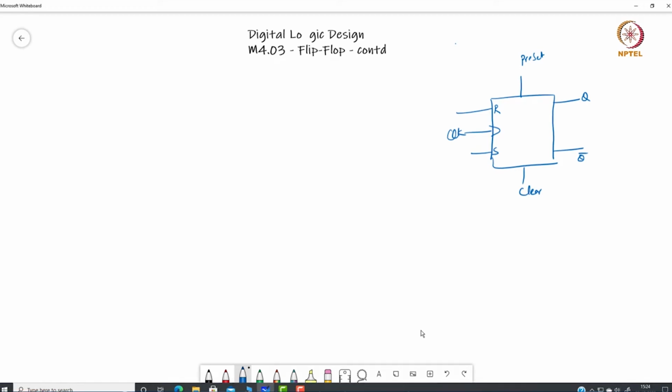That's why preset and reset are usually asynchronous inputs, and whenever they are given, their value is effective. In another way, preset and clear can change the functionality of my flip-flop, so care has to be taken that their values are only given at a certain point, usually at the start.